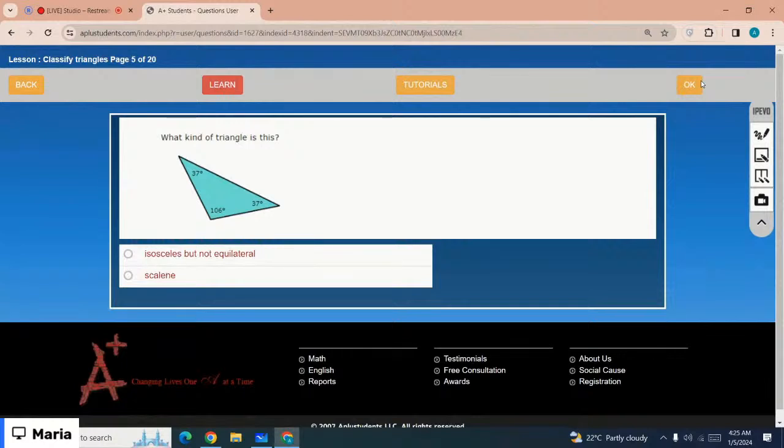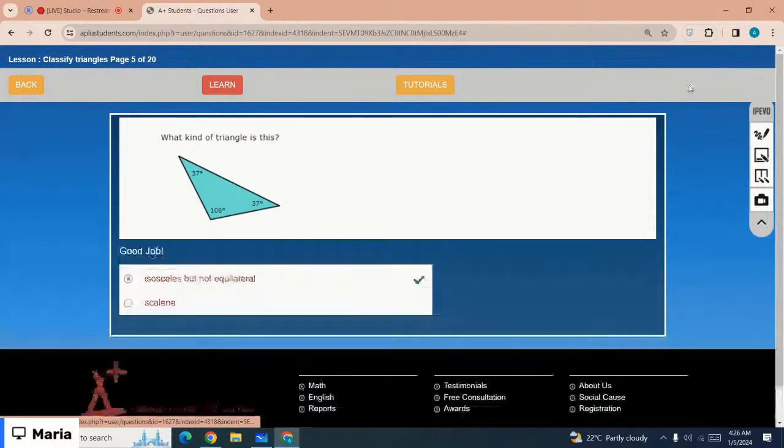Isosceles but not equilateral, or scalene, which is the correct option? That is isosceles but not equilateral. Option number one is the correct option. Very good.